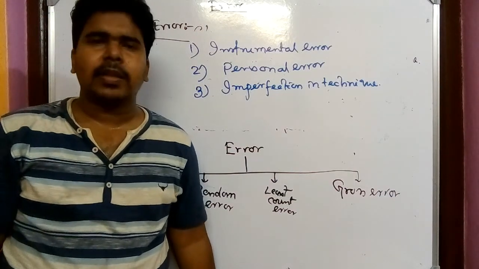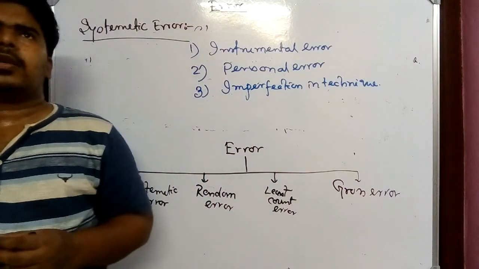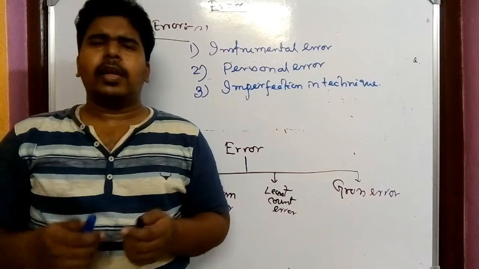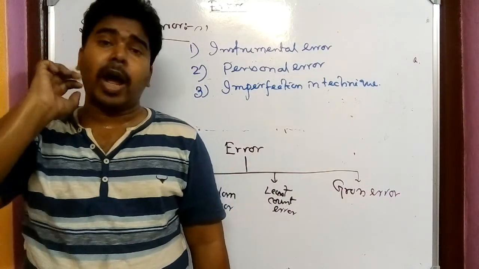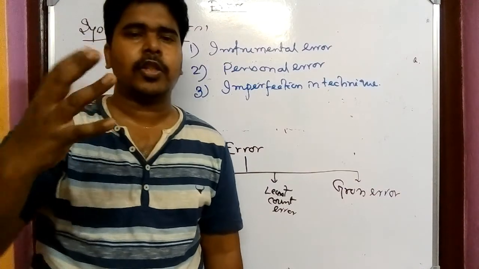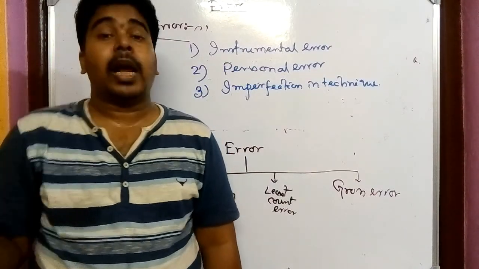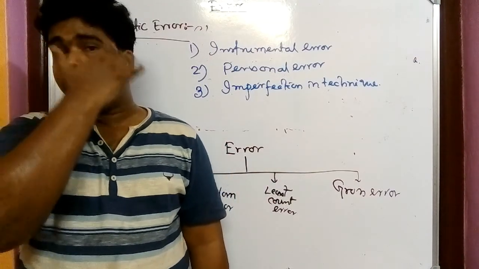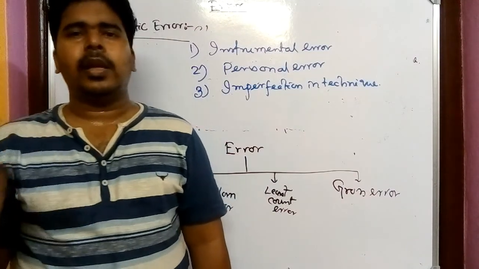Then you might be asking, sir, is it one kind of personal error? No, I'm just writing it separately. Personal error deals with the mistakes you have made in your first experiment. Whenever I have done it, maybe that error is not done by me because I have done it for a long time. So the chance of error for me is a little lesser.